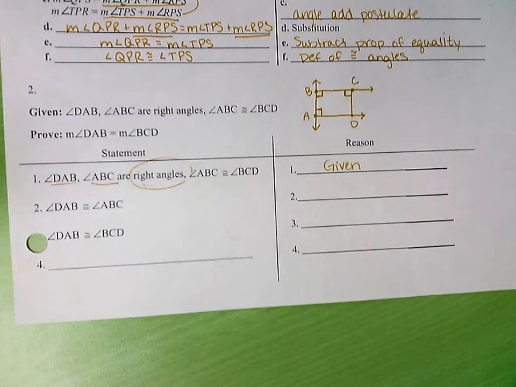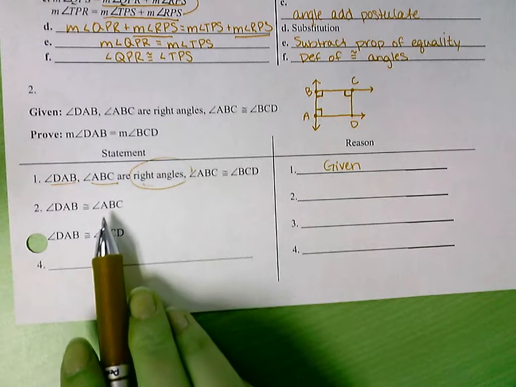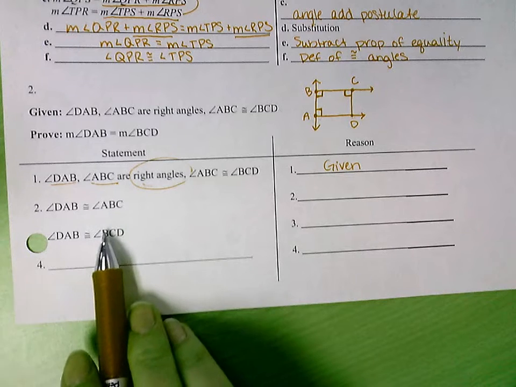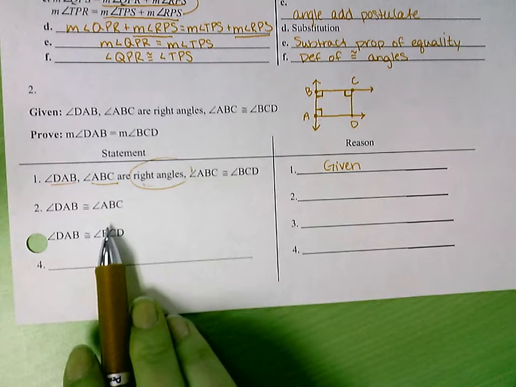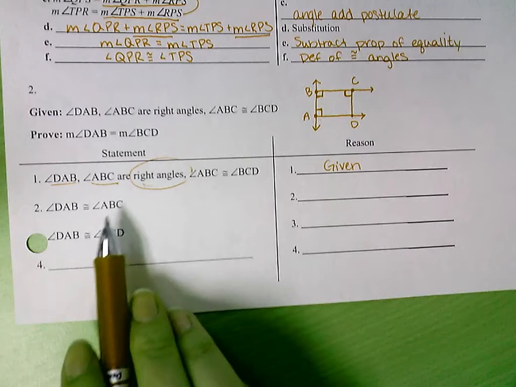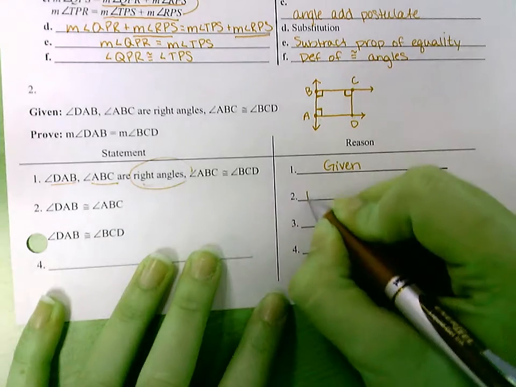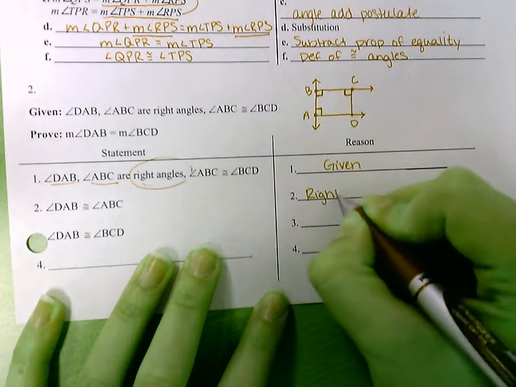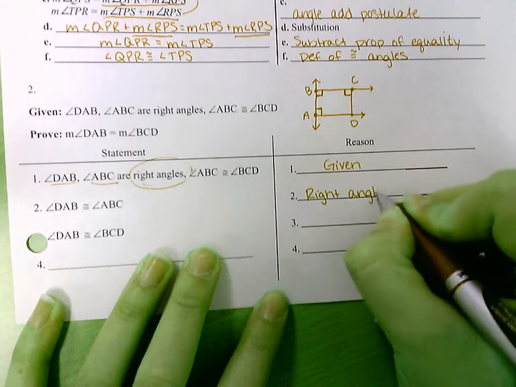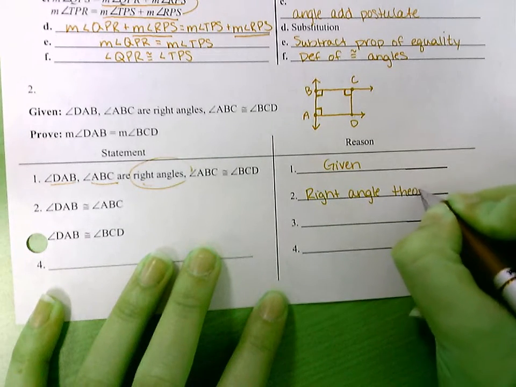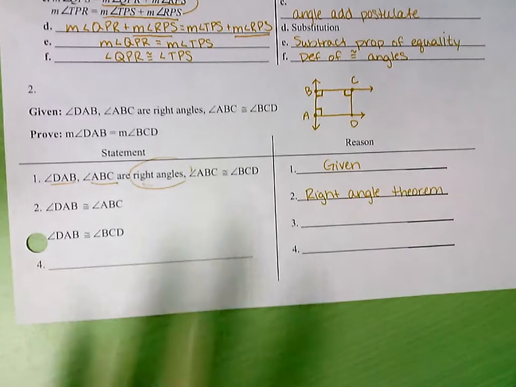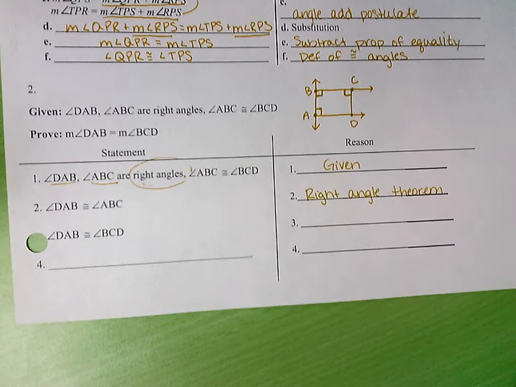If they're both right angles, they would have to be congruent to each other, right? Do you remember which theorem that was? Right angle theorem. Okay, since they're both right angles, they'd have to be congruent. That is what the right angle theorem says.